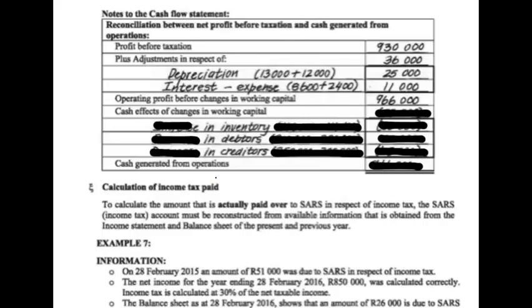Remember, it includes everything in note number 5 and note number 9 except anything to do with tax, dividends, and interest expense. Those three are not included because I want to exclude them here so that I can show them separately on the face of the cash flow statement.